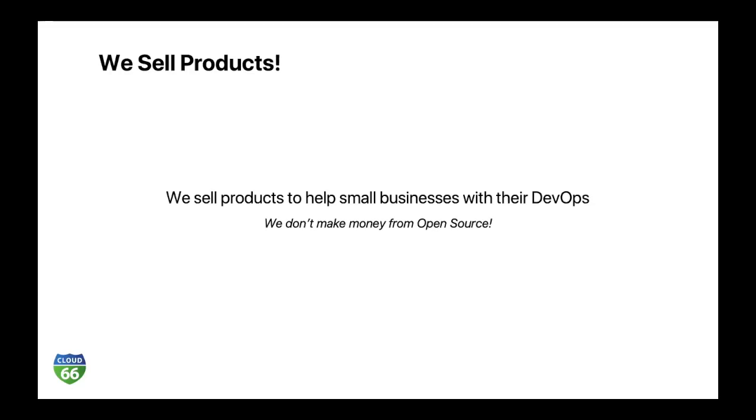So what we do is selling products. Our products help small businesses with their DevOps mission and organizing their infrastructure in a way that if they don't have an army of SREs or ops people, our products are very useful to them.